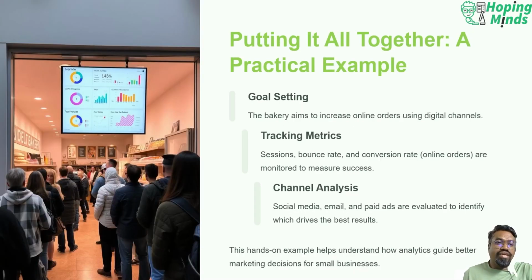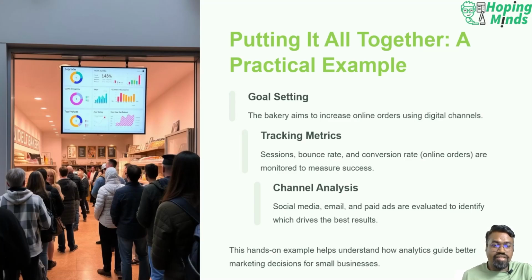Now, if I put it all together, I would like to give a practical example. Let's say there is one bakery, right? And the goal of the bakery is to increase online orders, right? Now, what are the tracking metrics that an online bakery should look for? Number one, the sessions, then the bounce rate, and the conversion rate.